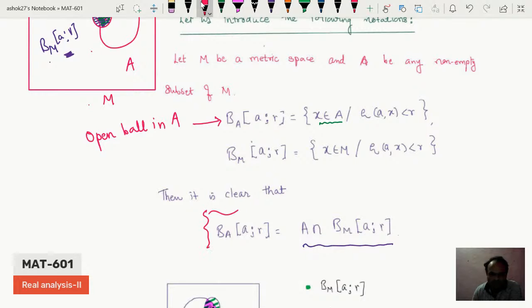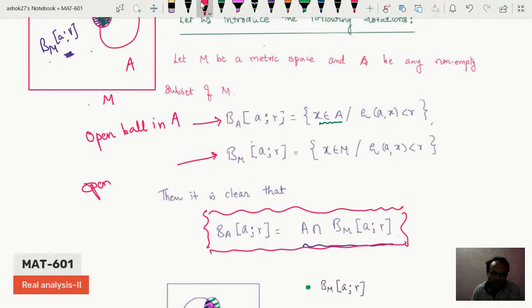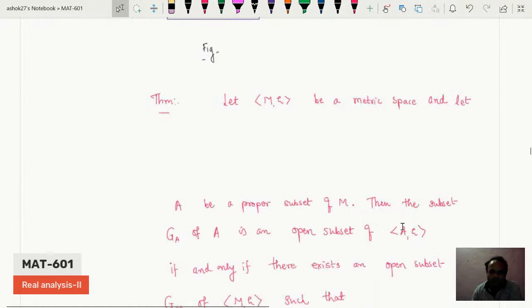The open ball in A and the open ball in M are two different things. M is a metric space and A is any subset of M, so the open ball in A and the open ball in M are different.